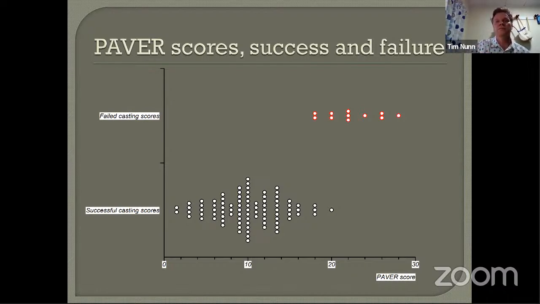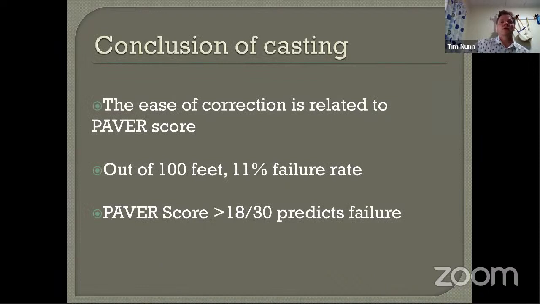And you can see there seems to be a clear cutoff around 18 to 20, whereby a PAVA score of that amount essentially means that casting is not going to correct the midfoot. So our conclusion was that the ease of correction is related to the PAVA score, that out of 100 feet, about 11% failed to respond fully to the casting, and a PAVA score of 18 to 20 predicts failure.